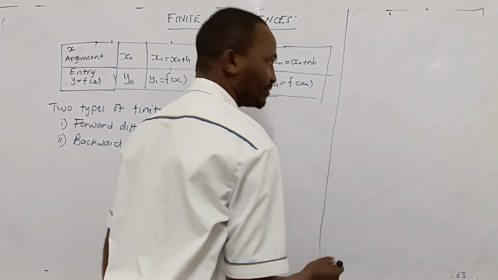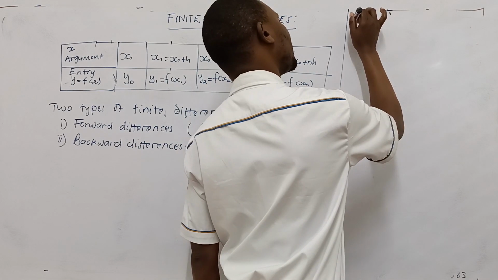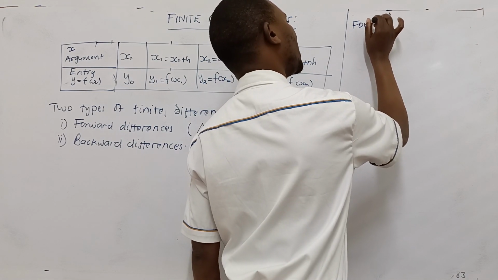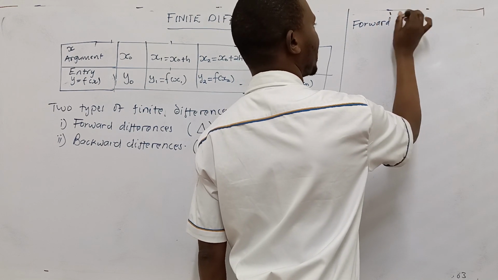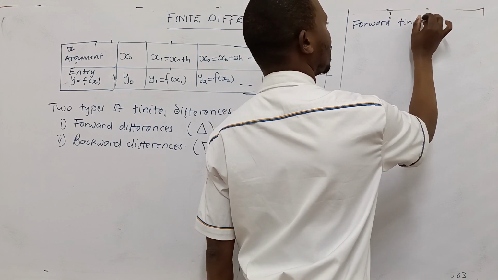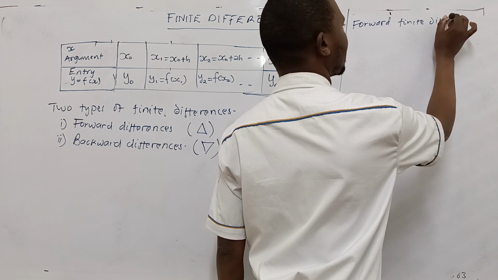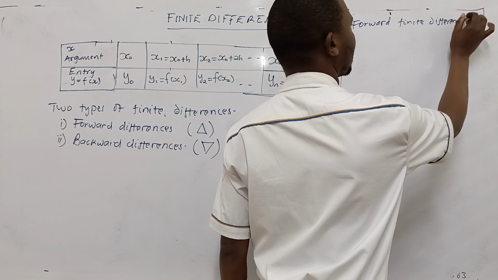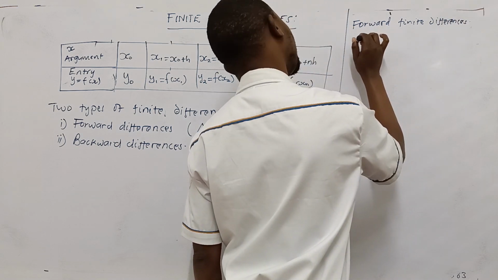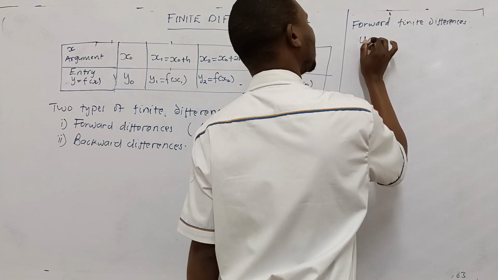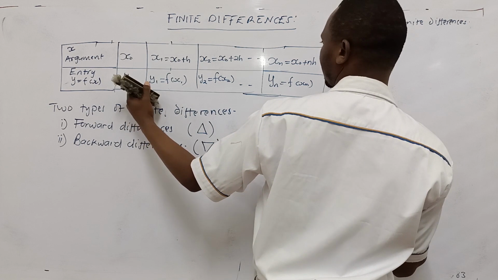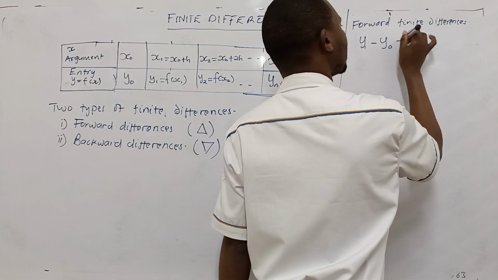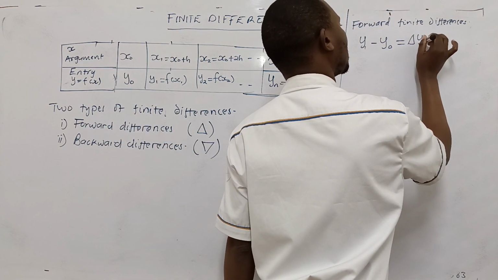Now here, let's say something about the forward finite differences, but you don't have to keep on using that word. Suppose we take this value of y1 and subtract the very first value in the table, which is y0. This will give us the first forward difference of y0.